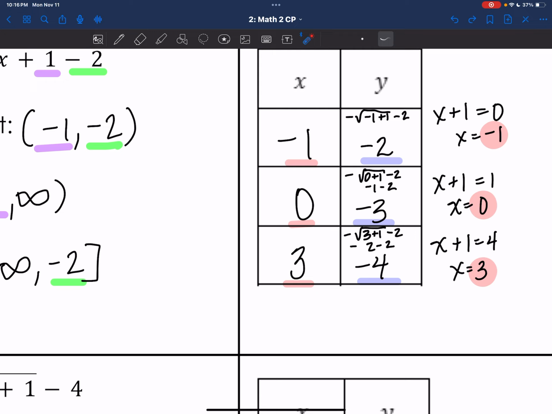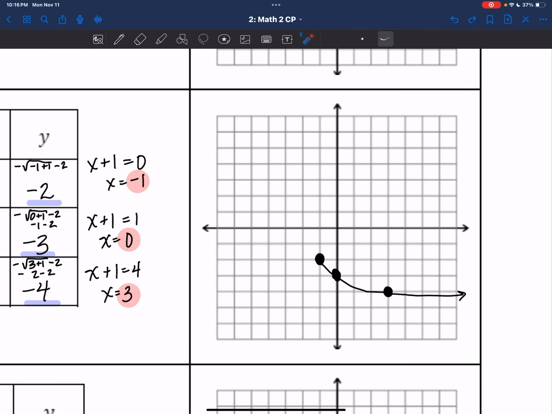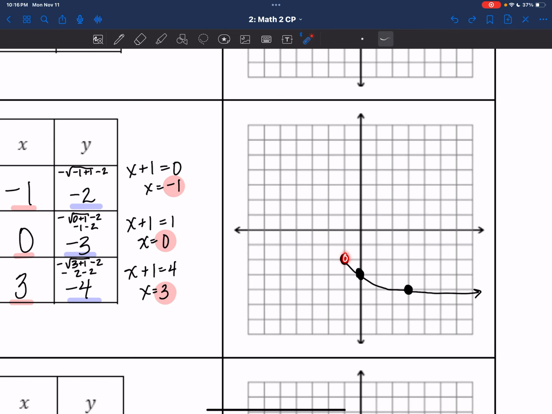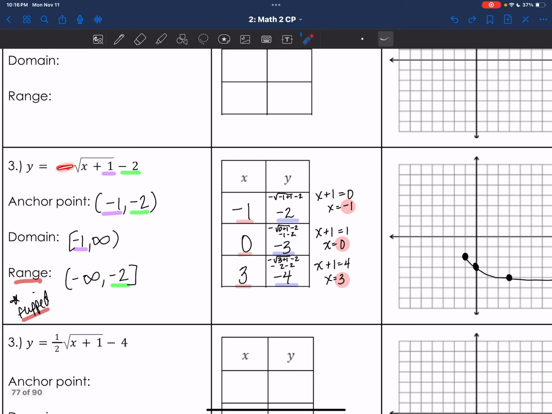So if we did that, which gets us to 4, plug that into your original, and you've got -4. So now go ahead and plot your points. Now notice, in this case, it's flipped and it's going this direction. And remember, we said we have a negative, so that's why it's flipped that way.